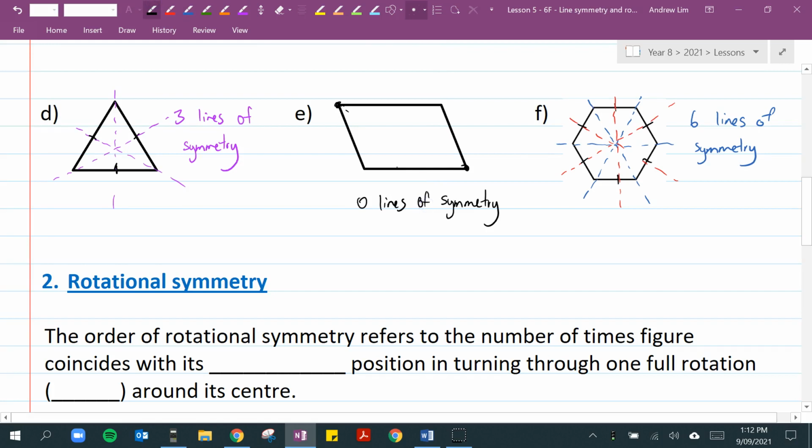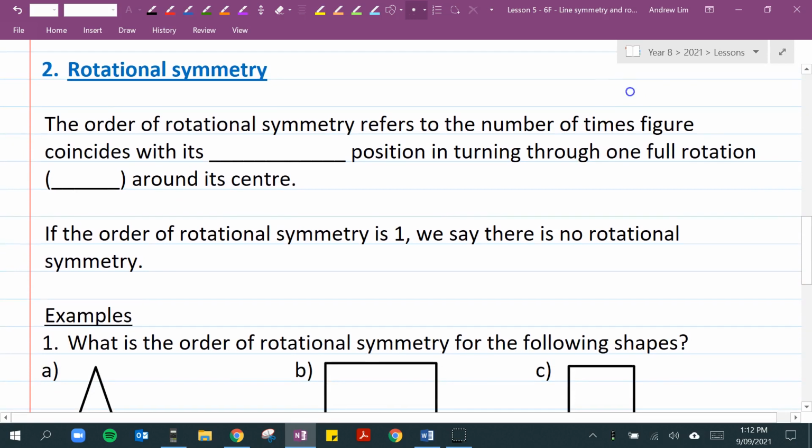Okay, let's have a look at the last part of this lesson today, which is rotational symmetry. Now, the order of rotational symmetry refers to the number of times a figure coincides with its original position in turning through one full rotation or 360 degrees around its center.